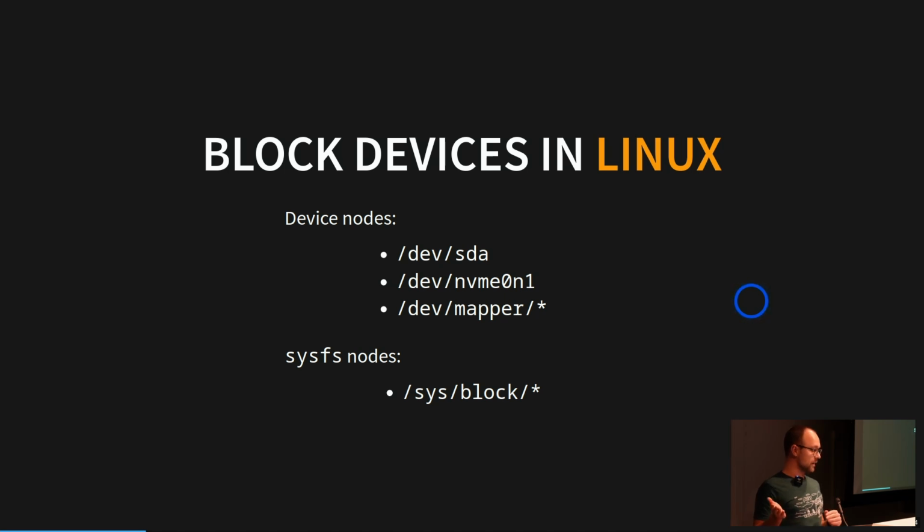So these devices appear as device nodes in your /dev directory. And on a Linux system, you can get a lot of information about the block devices by checking out the sysfs file system. That's like a window into the kernel and what state the kernel has about the block devices on your system.